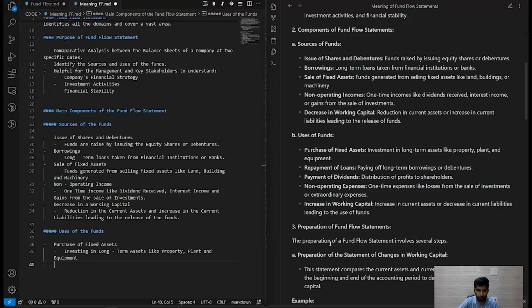Then, repayment of loans. We can use the sourced money to repay loans, paying off long-term borrowings or debentures.